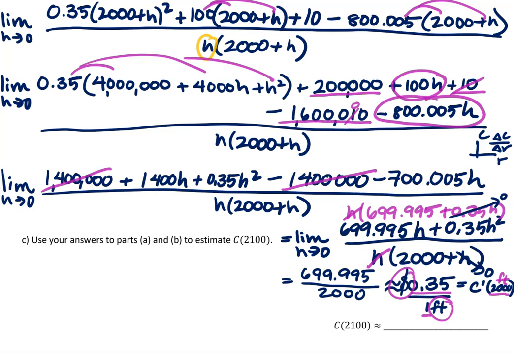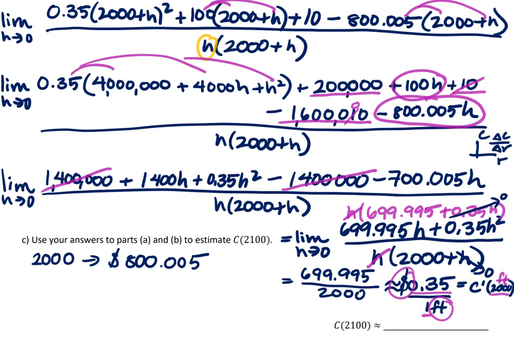Okay, last part. Based on that explanation that we just talked through, could we estimate C of 2,100? So the cost at the production level of 2,100 feet of rope. And I would say yes. What we're supposed to be looking back at was that when we were manufacturing 2,000 feet, we got a cost of $800 and roughly half of a cent, I guess we would say.